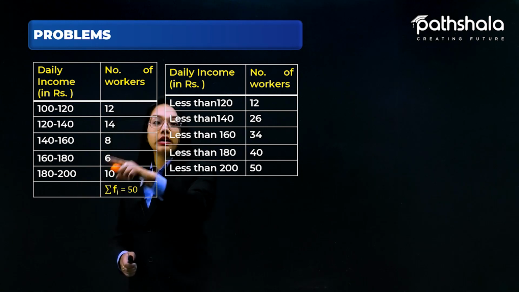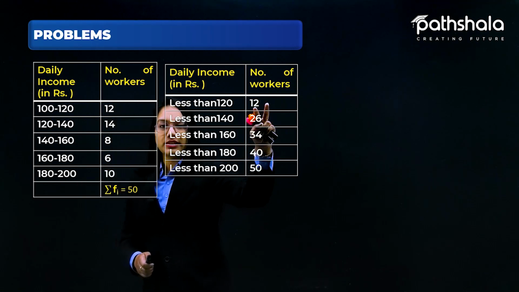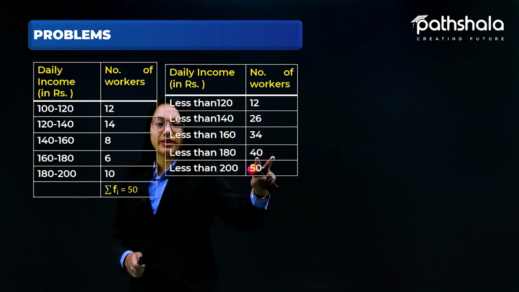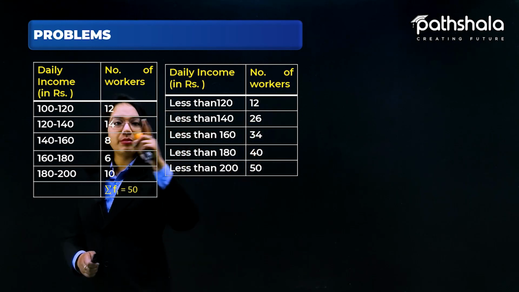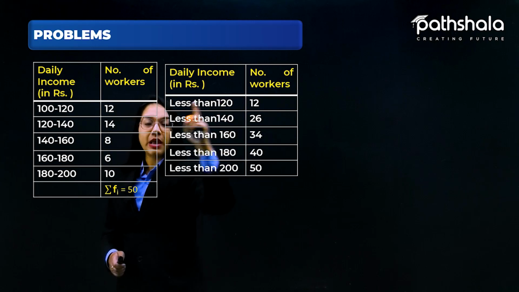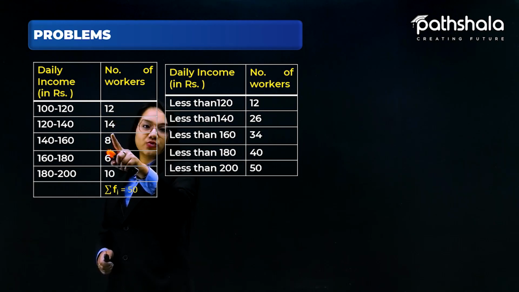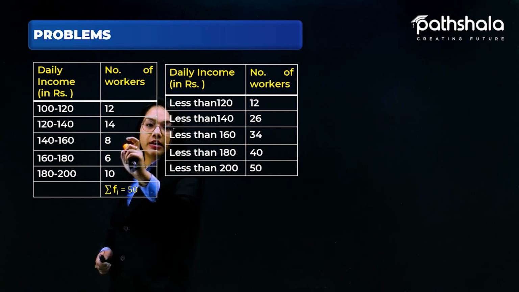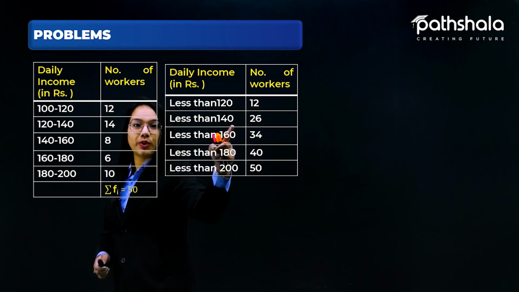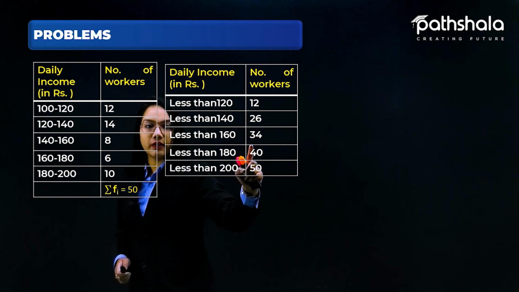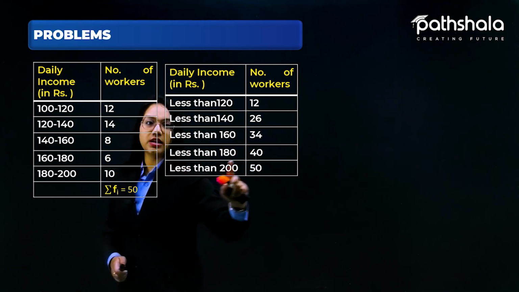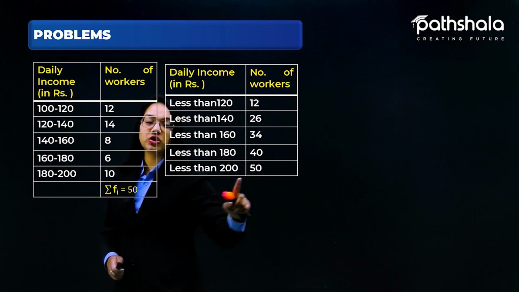Now we just have to write the cumulative frequency. The cumulative frequency can be written as 12, which will remain the same. The next cumulative frequency would be the sum of the two, 12 plus 14, which is equal to 26. Then 26 plus 8 is 34, 34 plus 6 is 40, and 40 plus 10 is equal to 50.